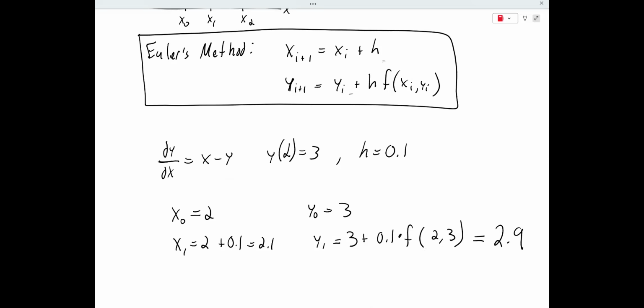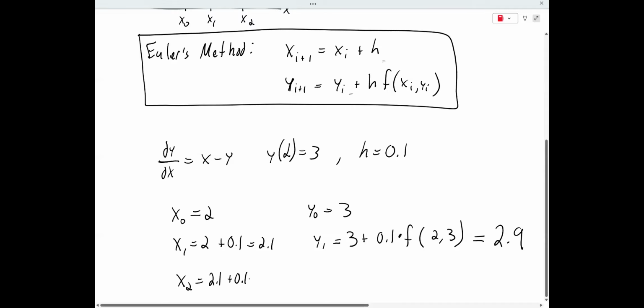Okay, anything else so far? Now if you want to keep going, your x sub 2 would be 2.2. You basically add 0.1 again to the previous one. I'll just write it once, but it's pretty obvious.